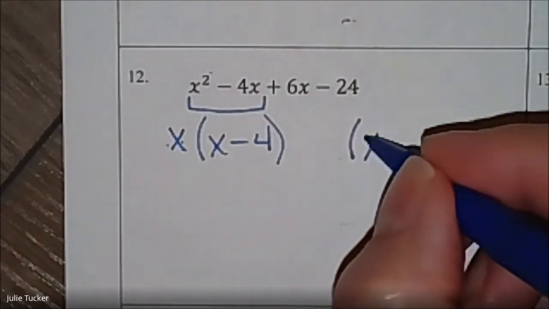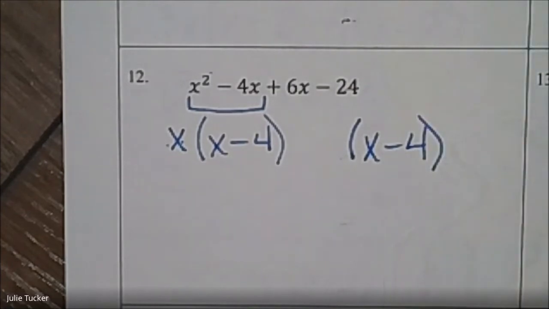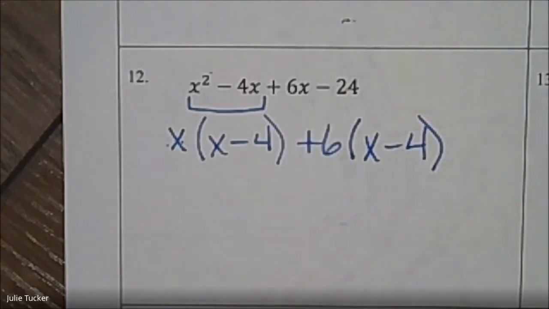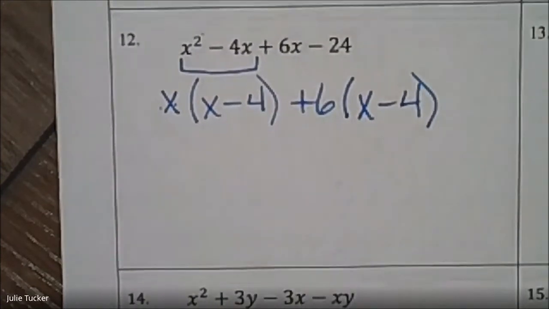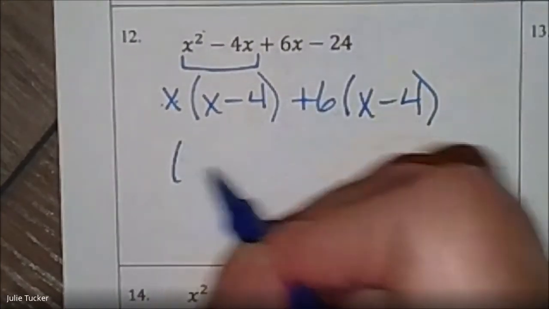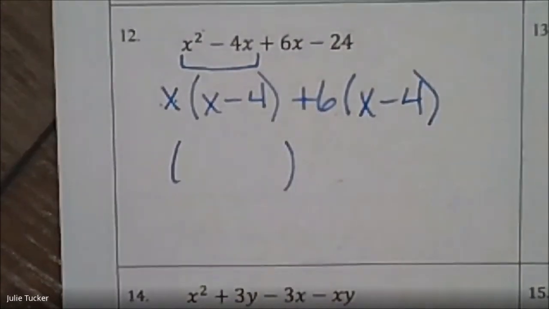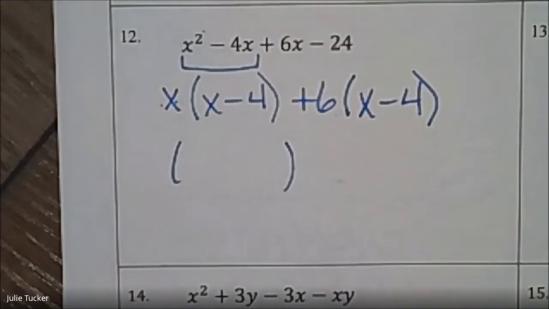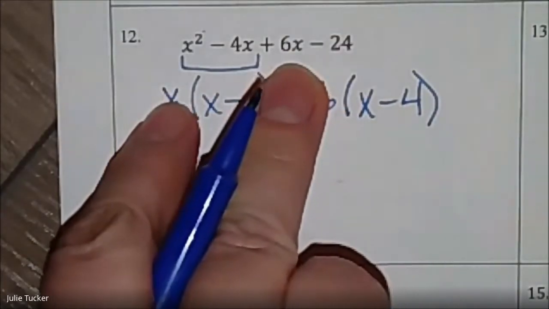Second set has to match the first set, secret weapon time. And we need a 6. Now, what do I put in my first set of parentheses? No. I got to put these two together.